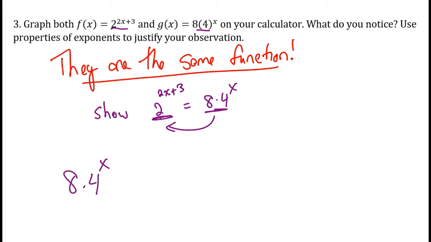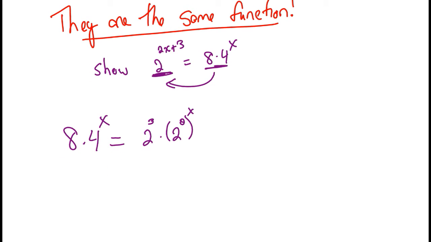I notice that it has a base of 2, so I'm going to rewrite everything in terms of a base of 2. 8 is 2 cubed, 4 is 2 squared. And once you see that, you say, oh, because I have a power to a power means multiply. When I have the same base and I'm multiplying, I add the exponents. And addition is commutative, so I'm going to switch the order there. And we see that 8 times 4 to the x is really 2 to the 2x plus 3.